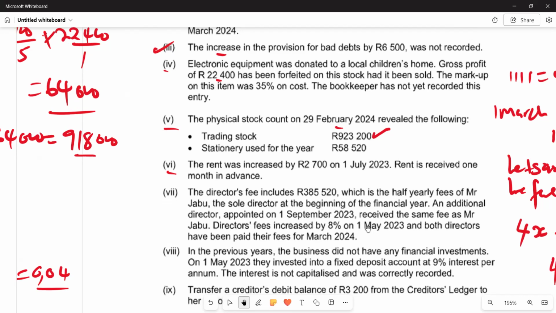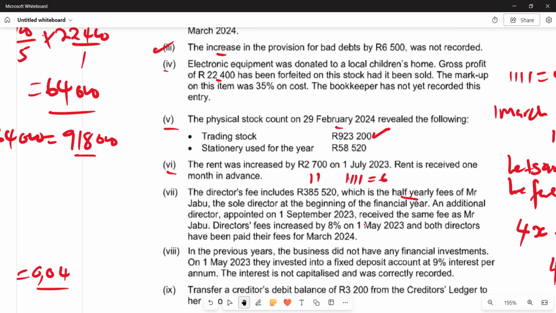So part of those 6 months is 4 months, May, June, July, August. Then the first 2 months, March and April. So 1, 2, 3, 4, 5, 6, which is 6 months, the half yearly that we are talking about.